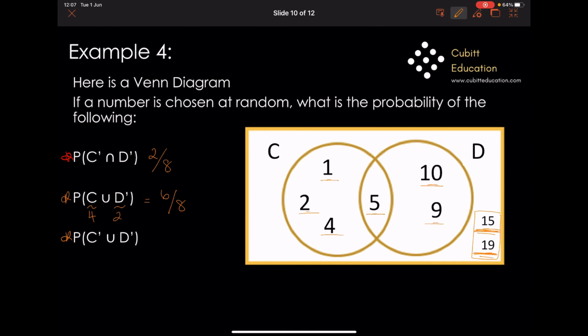And the probability of not D, this one and this one. We can't use the middle number because that is C and D. So basically it means everything outside of the intersection, and that is 7 out of 8.